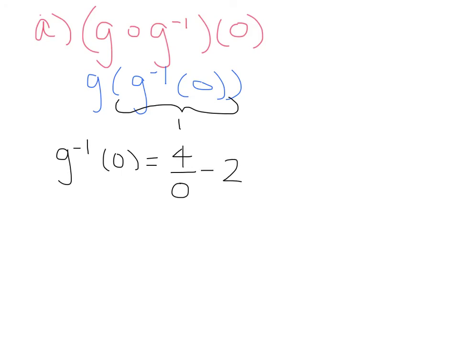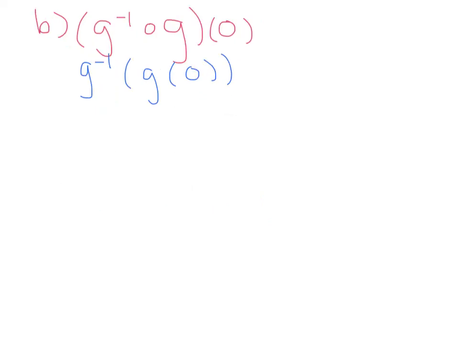If you were to pick up your calculator and do 4 divided by 0, your calculator should say error. The reason it says error is because it's undefined. You can't divide by 0. So since this is undefined, you have to stop there. You can't move on, and your answer is undefined.